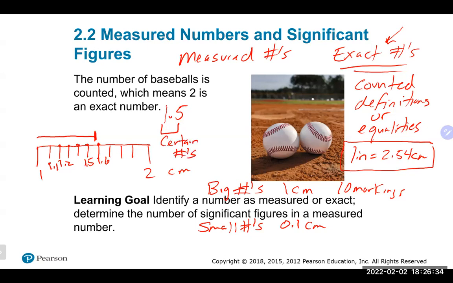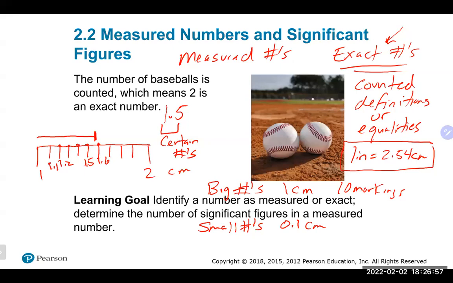Now we could clearly see, I say clearly in my bad drawing, that it is not sitting right on the 1.5. But even in my bad drawing, you can also see that it is not exactly at the 1.6 mark, right? And that is where, in this particular case, the uncertainty in the measurement comes into play.